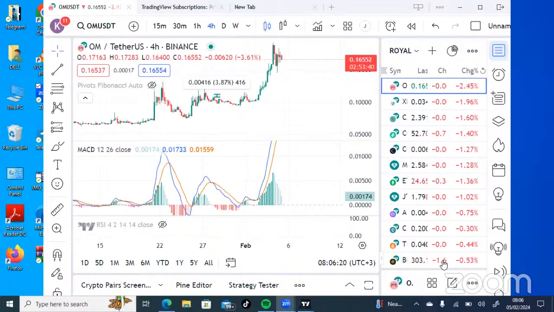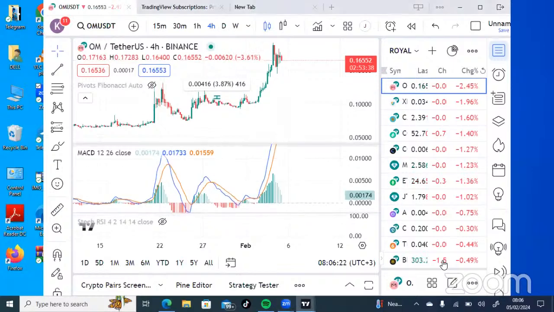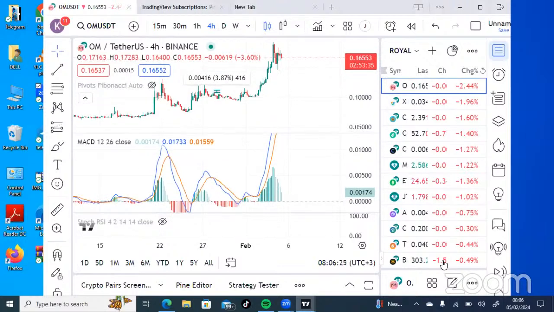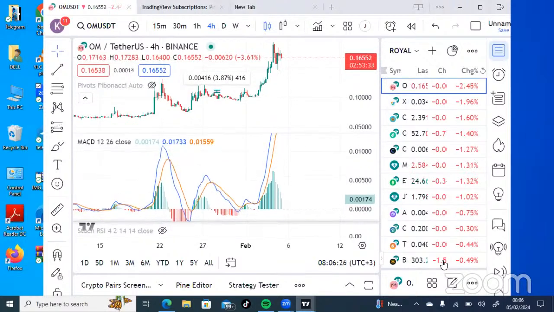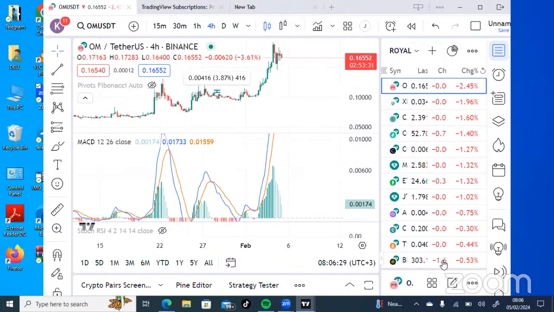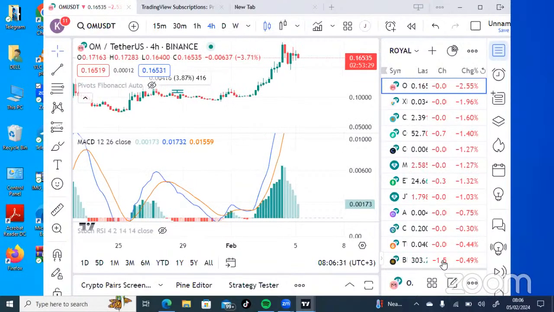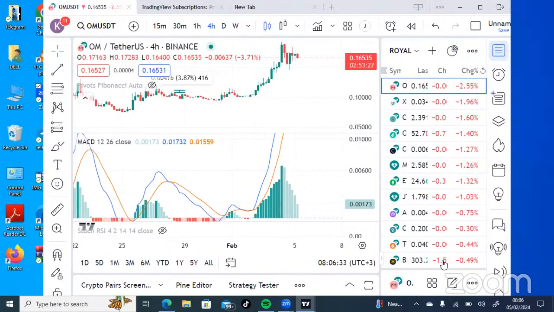So I'll share my screen again. Now, I opened this coin to make sure that I show you an example, although I'm also going to talk about divergences to help someone understand.